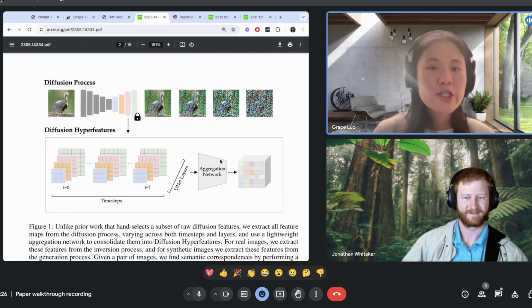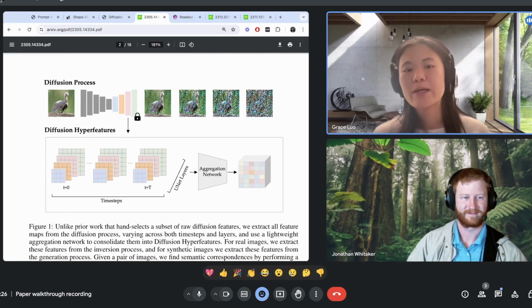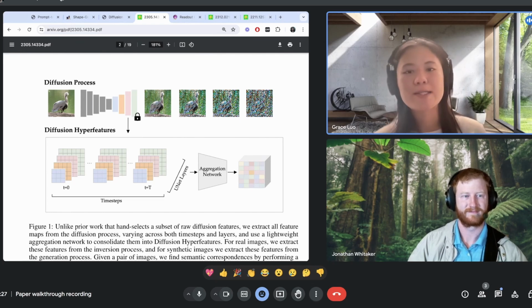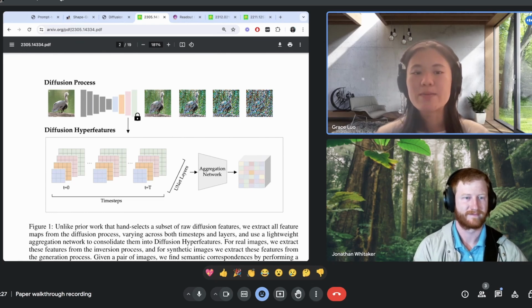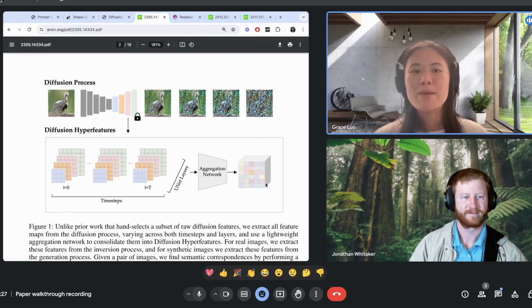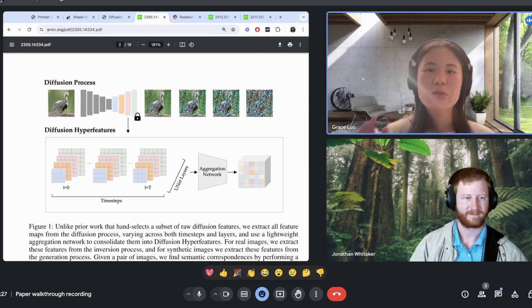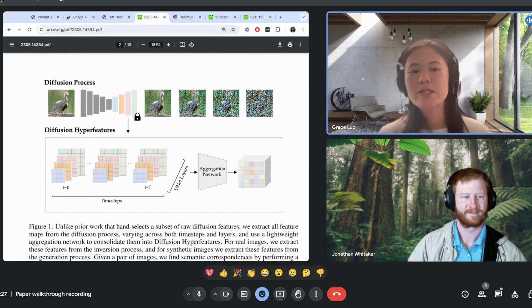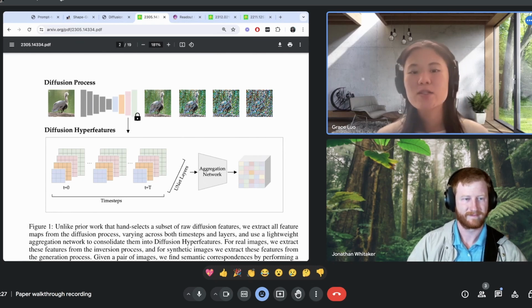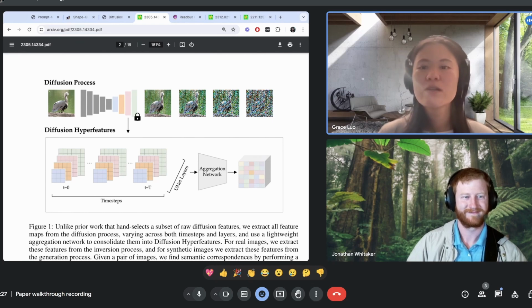So our aggregation network is very lightweight in parameter count, in the sense that our layers are mainly dedicated towards standardizing the channel count. Once we have these standardized feature maps, we simply average them across all the layers and time steps to produce a singular feature map. The last thing we learn is what we call mixing weights, which is how important a particular layer or time step is for this task, to upweight the ones that are more useful and downweight the ones that are less useful.